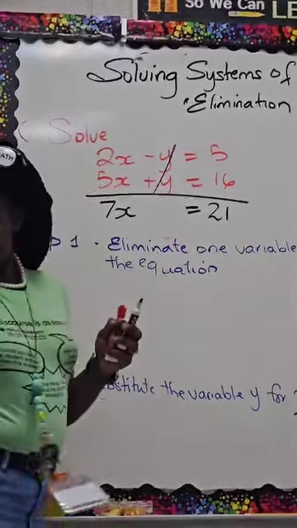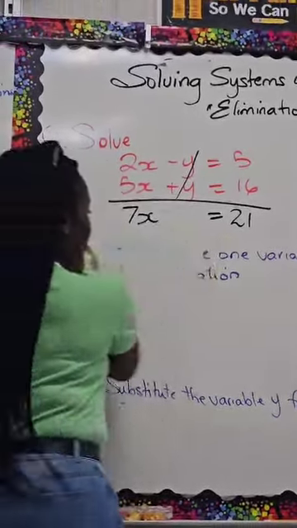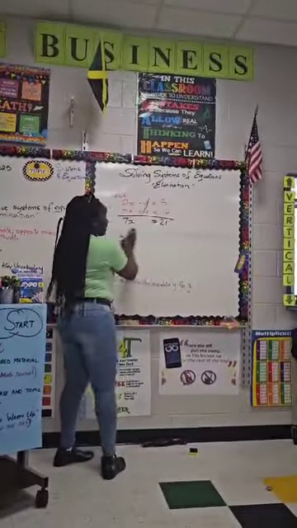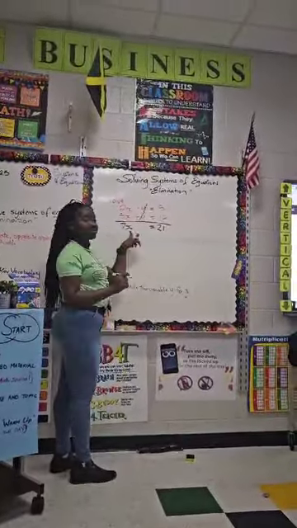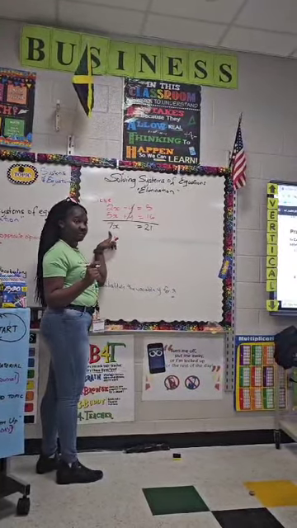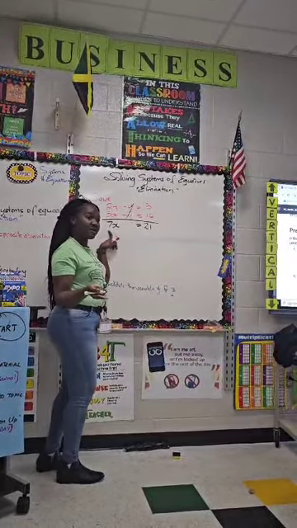So I'm going to just take off this step, so we have some space to work. Our idea now is to solve for x. So we have 7x, or 7 times x, is equal to 21. Remember, we're doing the opposite operation.